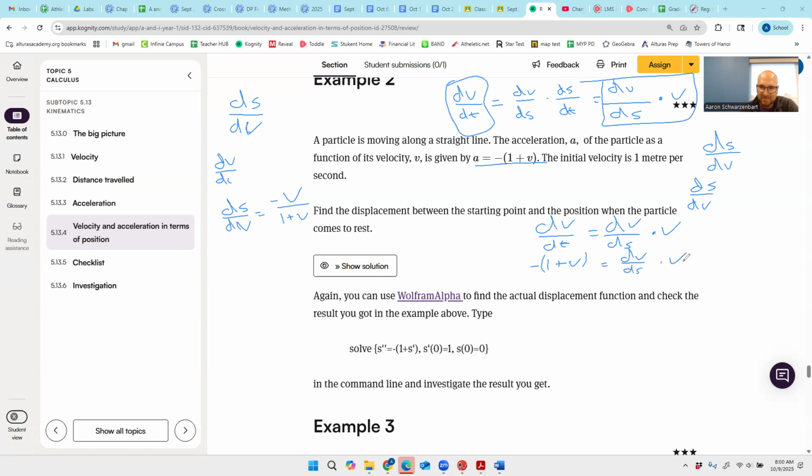I will divide both sides by v. Why? To solve for dv/ds.